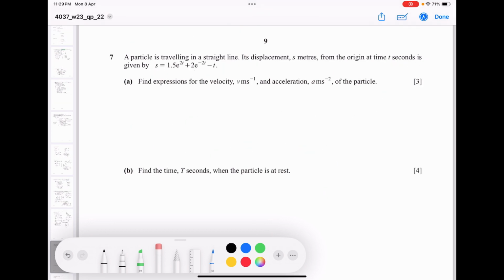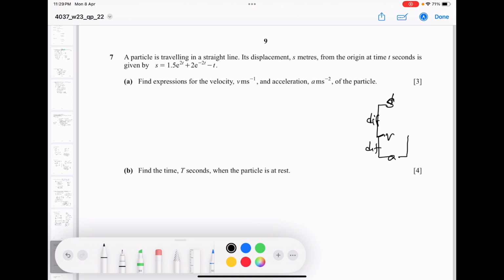A particle is traveling in a straight line. Its displacement s meters, where s denotes displacement from the origin at time t seconds, is given by s equals 1.5 e to the power 2t plus 2 e to the power minus 2t minus t. We know that when displacement s is differentiated we get velocity, and if we differentiate again we get acceleration.